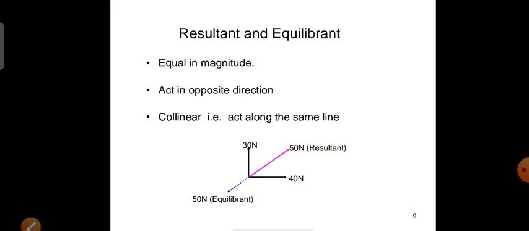The equilibrant is equal in magnitude, 50 Newton, but it should be in the opposite direction, so we indicate the opposite direction, and they are collinear, meaning they both act along the same line. The equilibrant tries to bring the set of forces in equilibrium or in balance. The force which brings the set of forces in equilibrium is called an equilibrant.